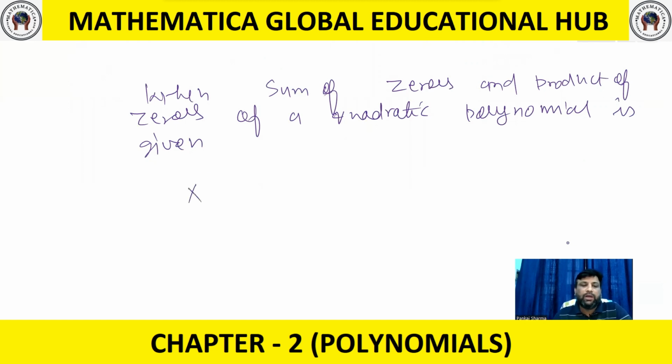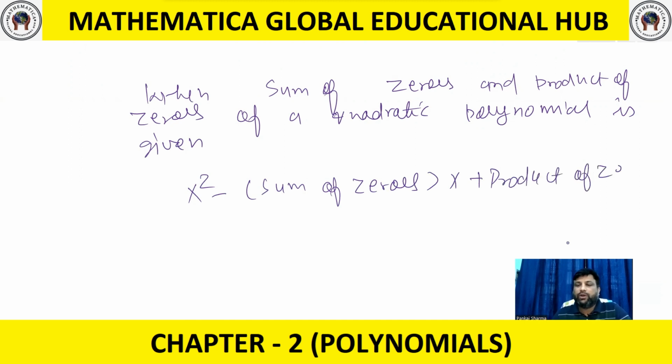We can use the formula x square minus sum of the zeros into x plus product of zeros. This is the formula actually, keep in mind. So we already have the product of zeros as well as the sum of zeros. It is given in the problem, so we can use this formula and we can form the quadratic polynomial. So this is also you need to keep in mind, yes.